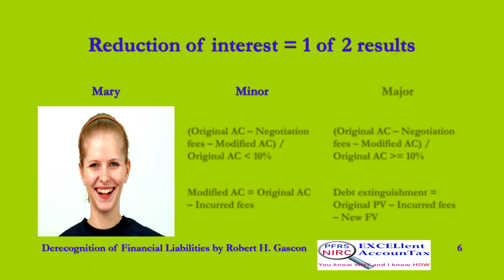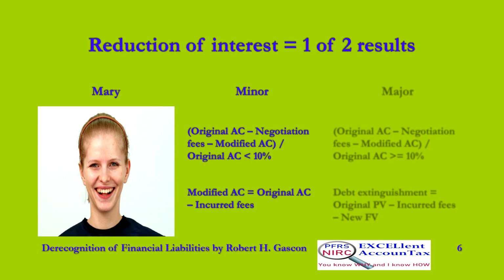When interest rate was reduced, that reduction is deemed as minor if the amortized cost immediately before that reduction, minus the negotiation fees upon that reduction, minus the amortized cost immediately after that reduction, and divided by the amortized cost immediately before that reduction, is less than 10%.